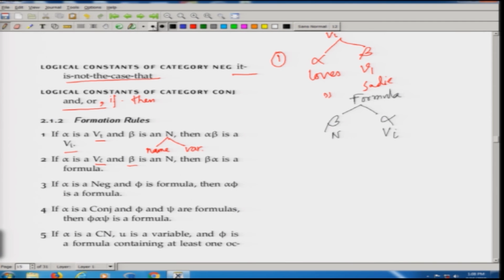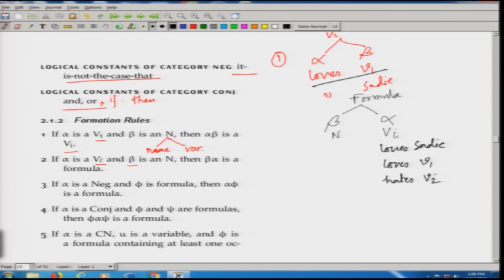Now this is another thing. Now Vi's are of 2 types. Either you have a formation like this, that is loves Sadie, that is one kind of Vi. Also you have loves V1 or hates V2.